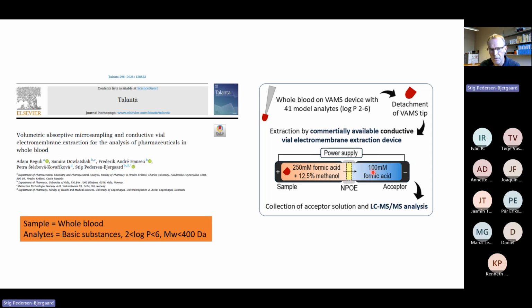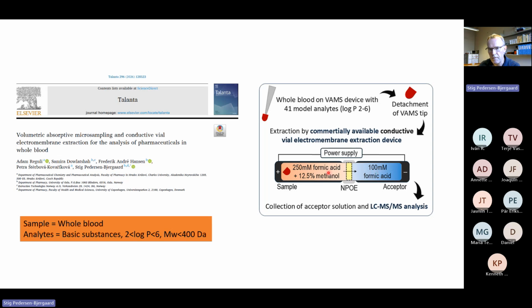And because we are dealing with basic substances, we need the acidic conditions to make them protonated, and we put the minus electrode at the acceptor for the cations to move across the system. And then the acceptor can just be analyzed directly by LC-MS.